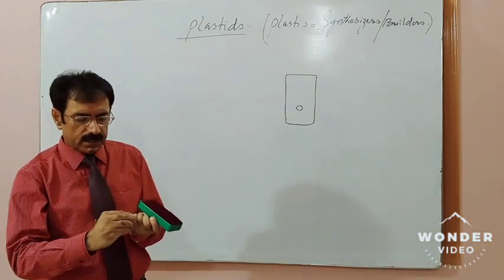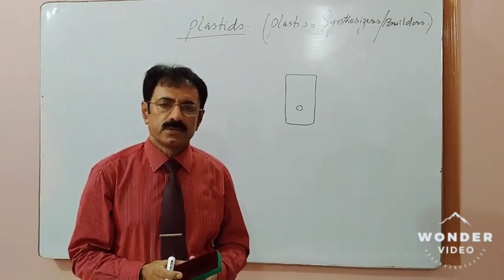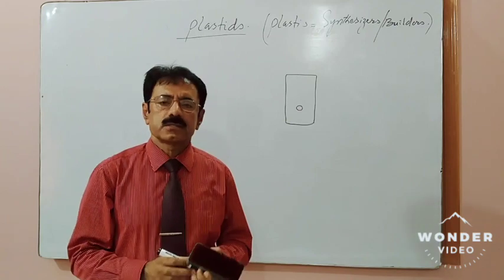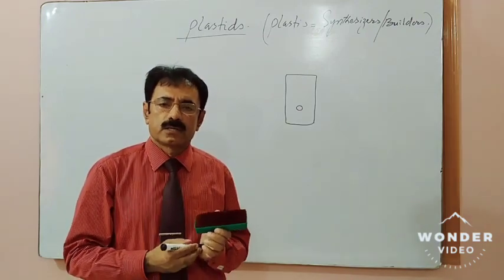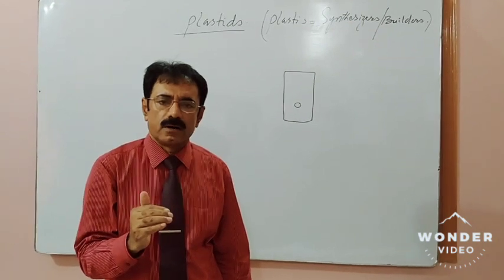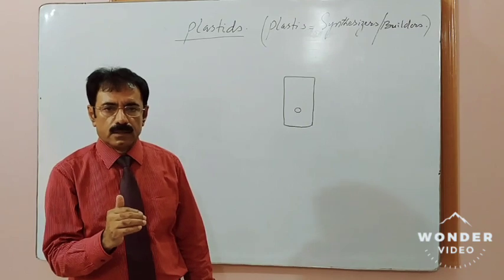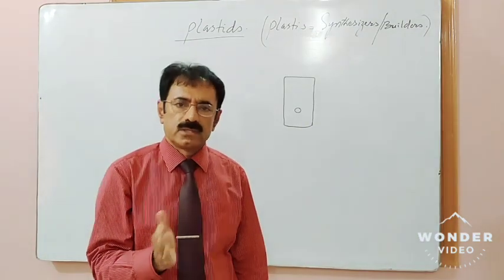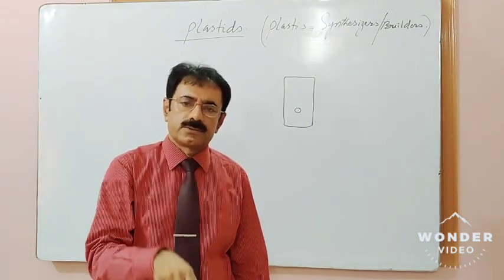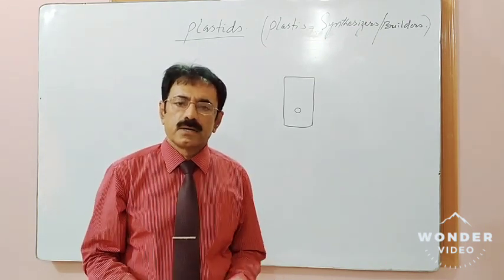The plastids are synthesizers of particles, especially the chloroplast and the leucoplast. They are involved in the synthesis of carbohydrate materials such as glucose. They help in the conversion of glucose molecules to the starch molecules, and they are also called storage bodies.